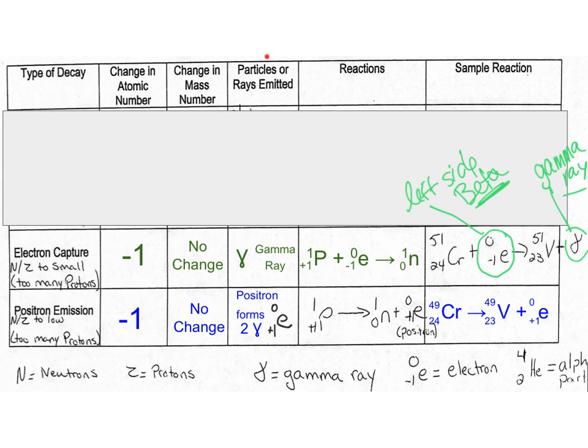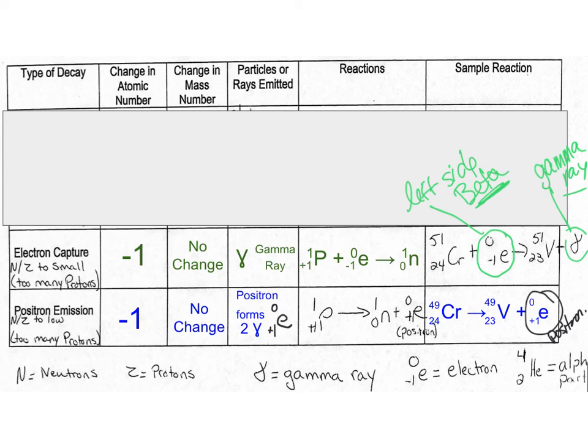The thing that we're going to emit then is what we call the positron, which is a +1, 0, and an E, right? So when we add these together, 23 plus 1 is equal to 24. 49 plus 0 is equal to 49. So again, this little guy is called a positron. And if you see this plus sign, that's positron emission.